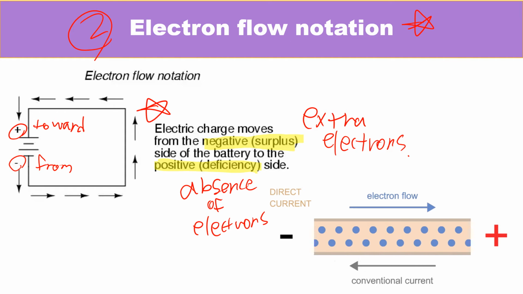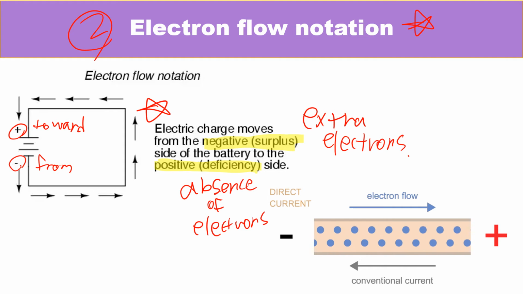And this is the correct notation, except scientists discovered that way after. So in the end, you will see a situation where some curriculum in US use conventional notation, but in Canadian method, we are using this electron flow notation just because that's more realistic. That's how electrons behave.